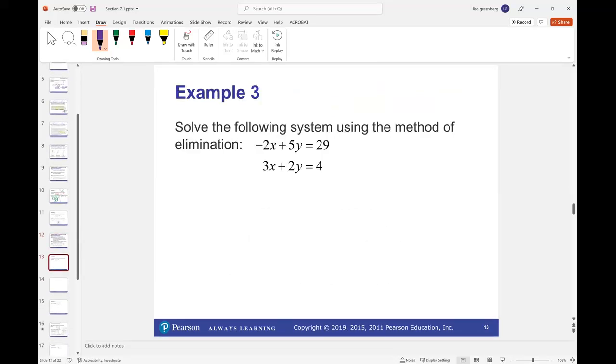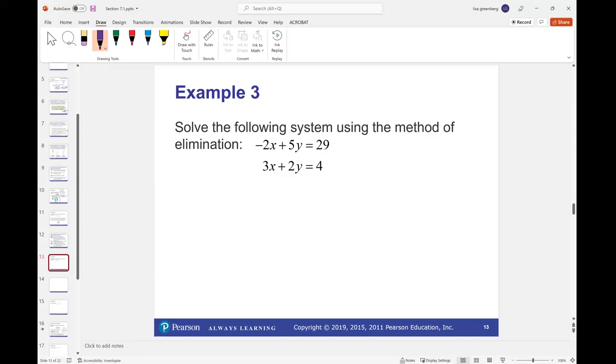So for example, I have these two equations and notice neither one has either a 1x or a 1y, so this is going to be more difficult to solve using substitution. So we're going to use elimination. How do we decide what to eliminate?